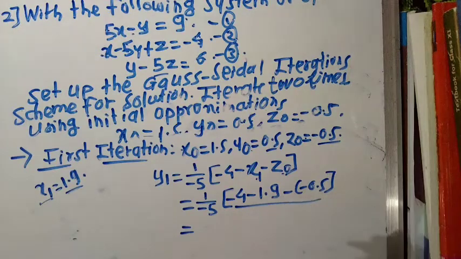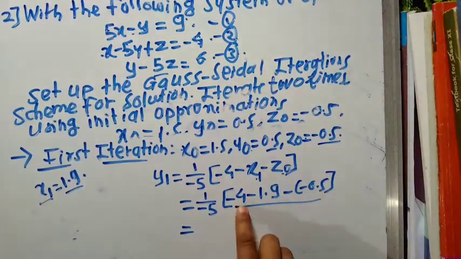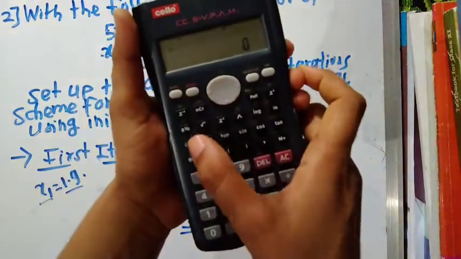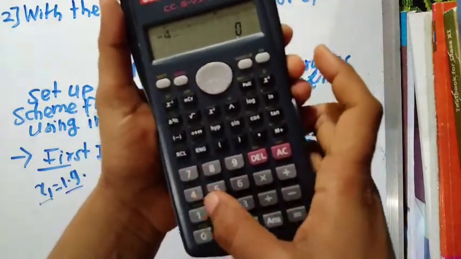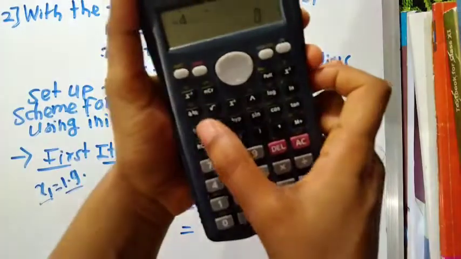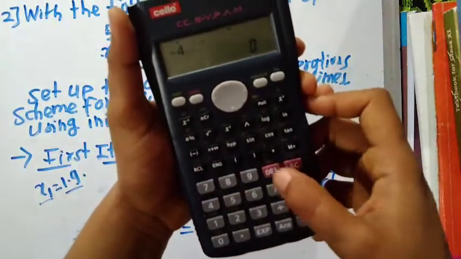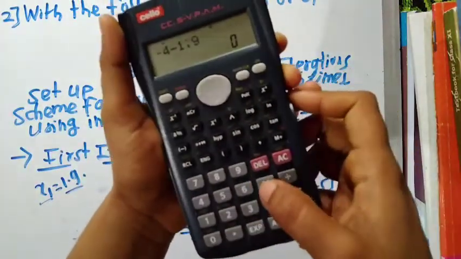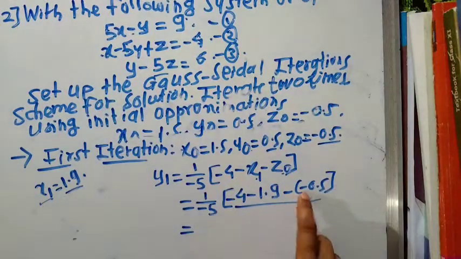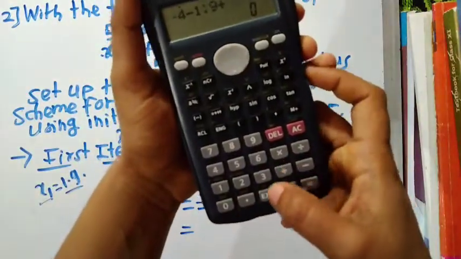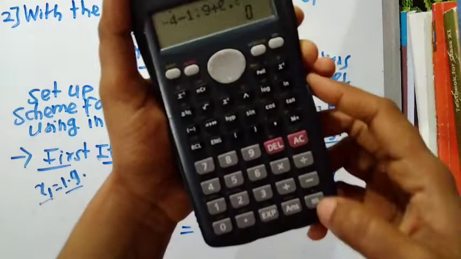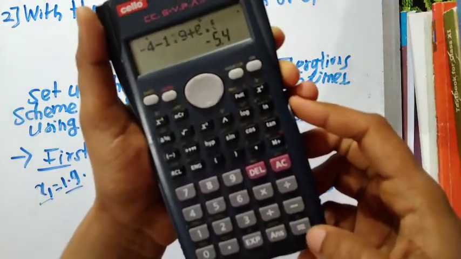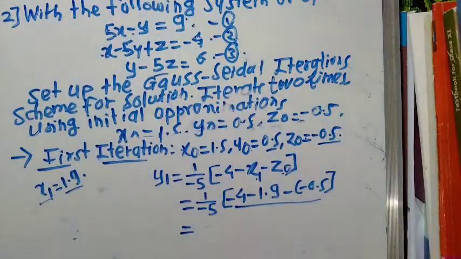So find out first this value. Minus 4 minus 1.9 plus 0.5, which is equal to minus 5.4.